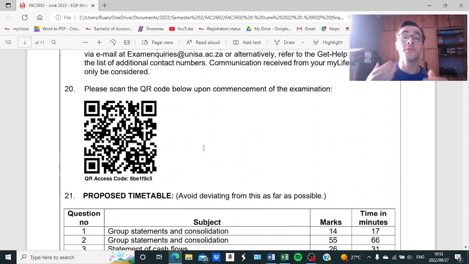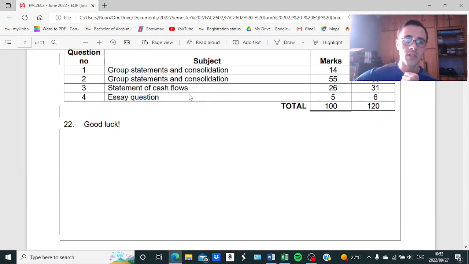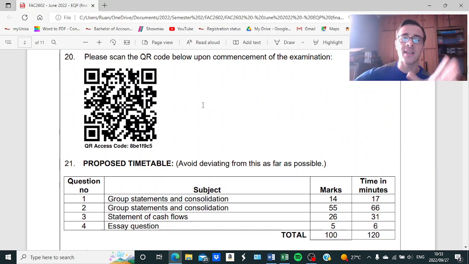It's important for you to first work through those examples and exercise questions. Thereafter, you should move to tutorial letter 102. Start with the easier questions, and finish with the more difficult questions, and then as a final stage of your preparation, you should work through one or two previous exam papers just to make sure that you are able to complete the exam under 2 hours, because that is the time limit for the paper, 120 minutes.